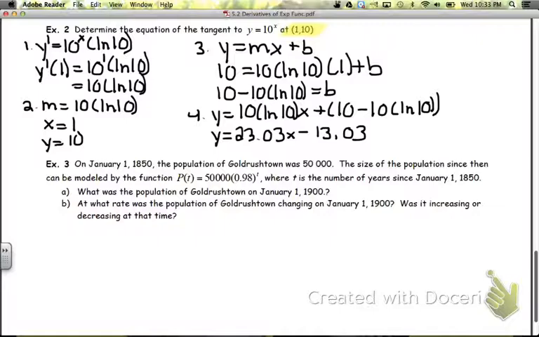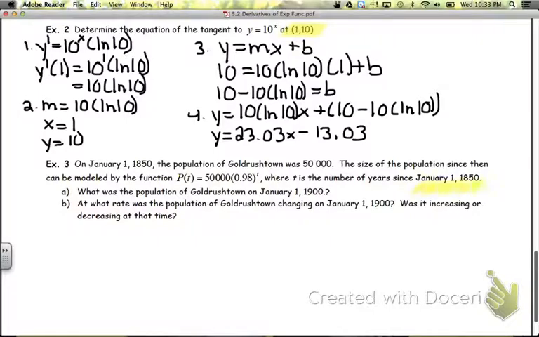Now, our last example here. On January 1st, 1805, the population of Gold Rush Town was 50,000. The size of the population since then can be modeled by the function p of t equals 50,000 times 0.98 to the power of t, where t is the number of years since January 1st, 1805.